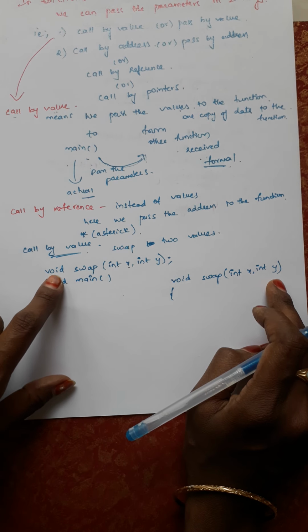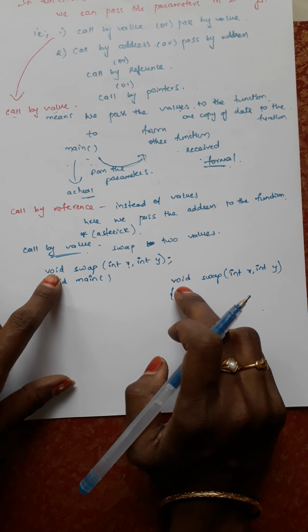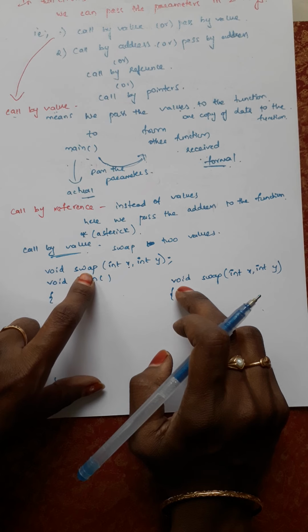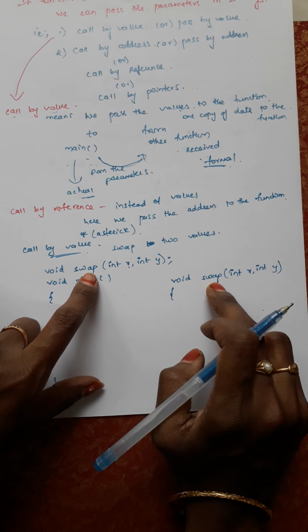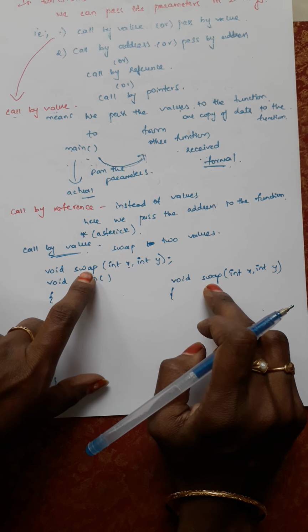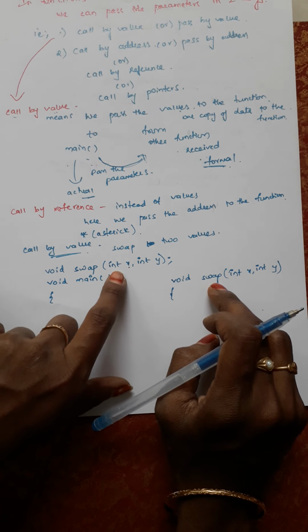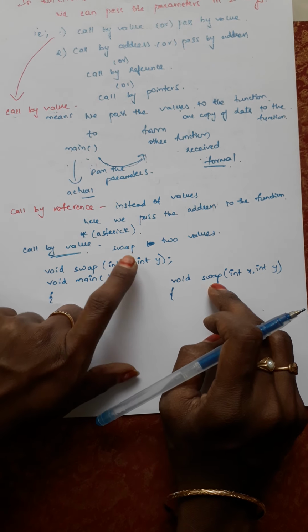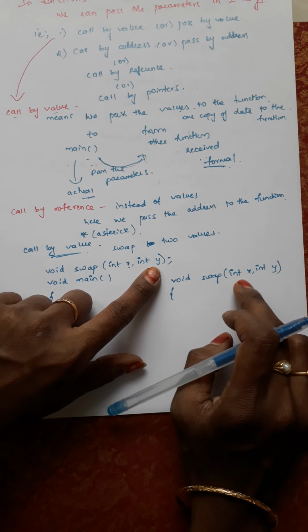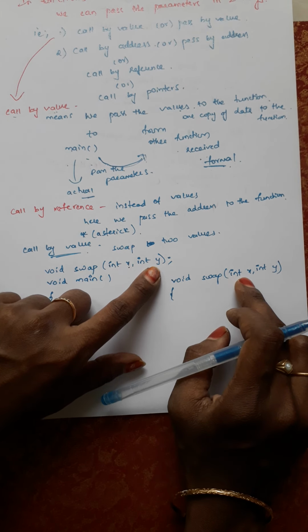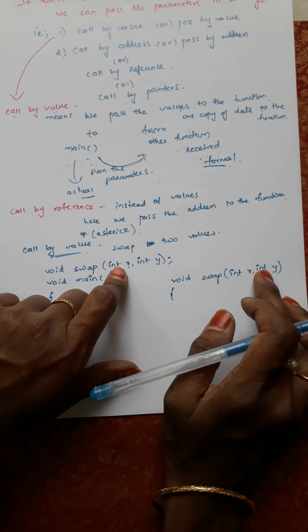What is the return type? Void. What is the function name? Swap. The same spelling should be followed. If we use capital letters, here also we have to use capital letters. And next x comma y. What are the variable names? x and y. So here also we write x and y. We should not change the names of the variables.